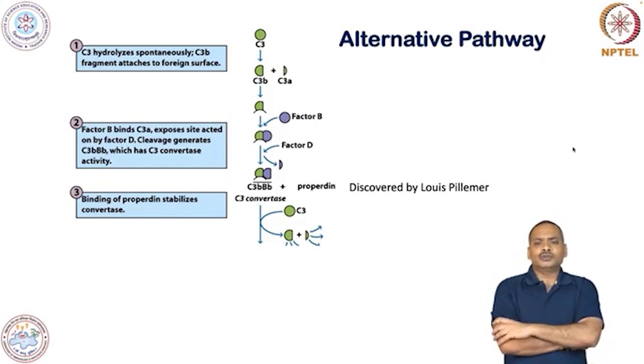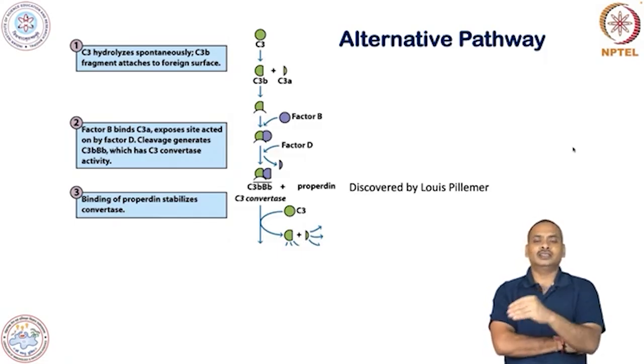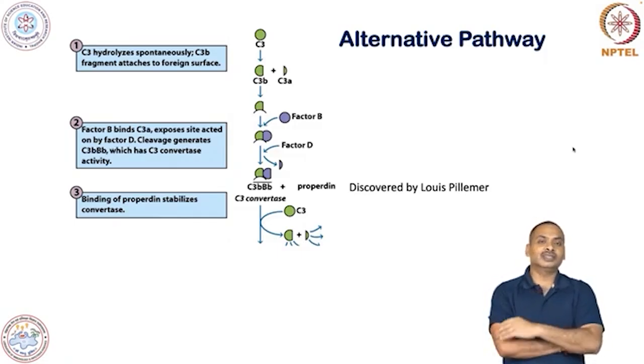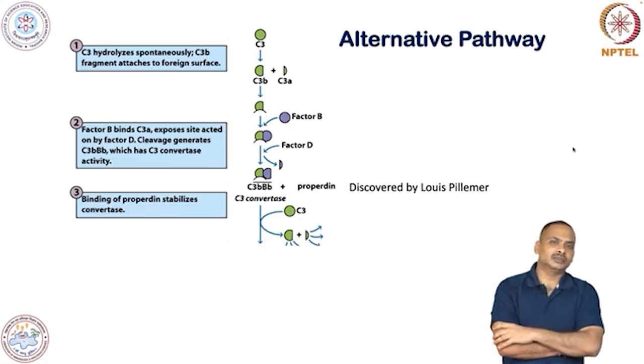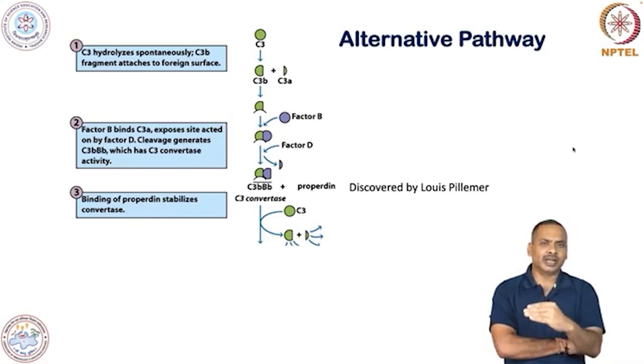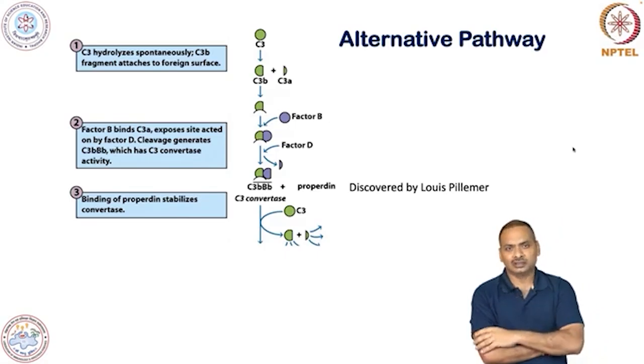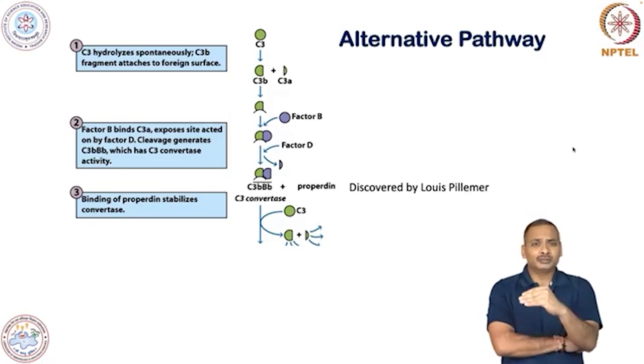So this properdin was discovered by Louis Pillemer, and there is a little interesting point about him. Initially he was a biochemist and he turned to immunology. Since he was a biochemist, he purified tetanus as well as diphtheria toxin.